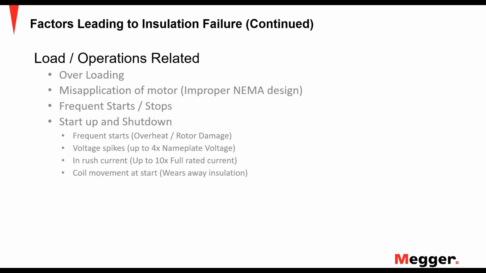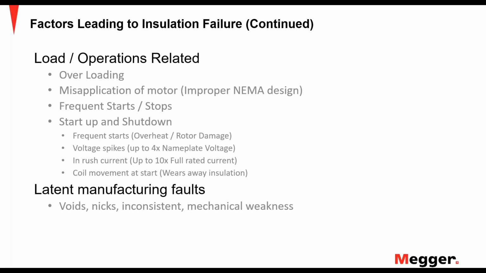There's the list. Other factors that cause insulation to degrade over time. Some of them are not so much time related, but come from the manufacturer that way: voids, nicks, inconsistency in the manufacturing process, mechanical weakness.